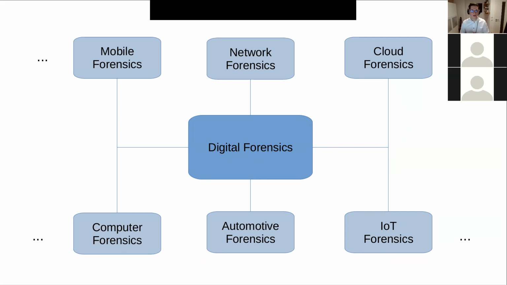So here's a minor list of some examples: mobile forensics, looking at smartphones; network forensics, looking at the network and its logs; cloud forensics, looking at everything that is related to the cloud; computer forensics or IoT forensics, related to computers or IoT devices. And last but not least, automotive forensics, which we look at today.